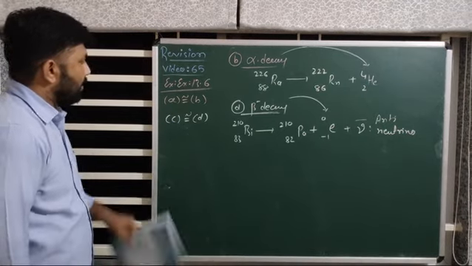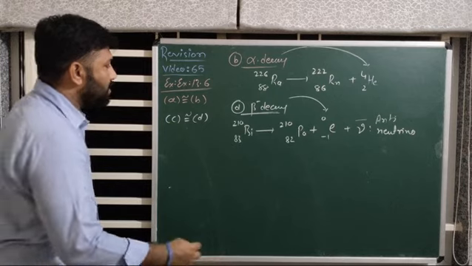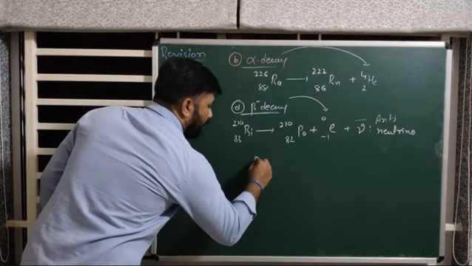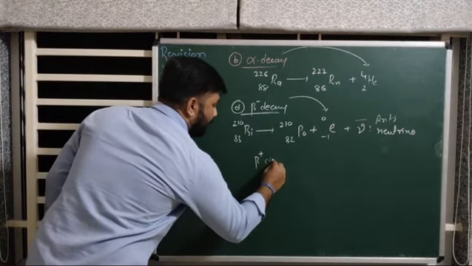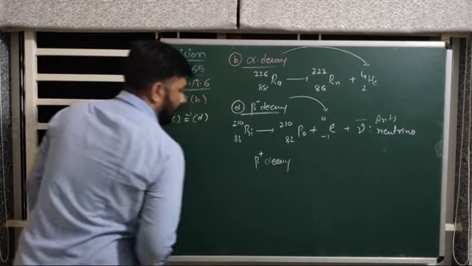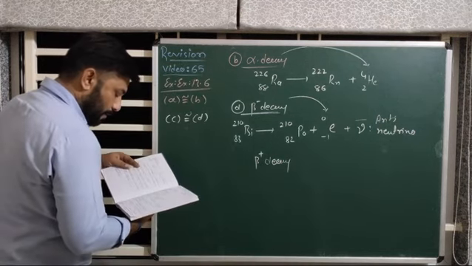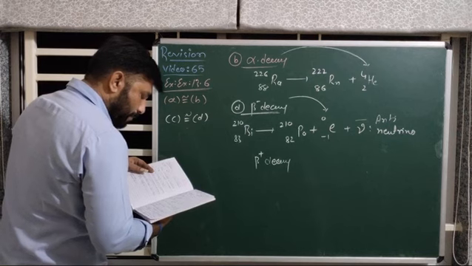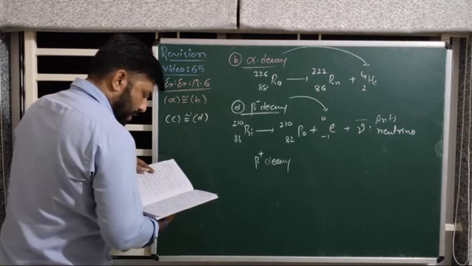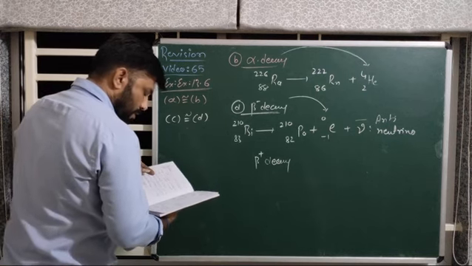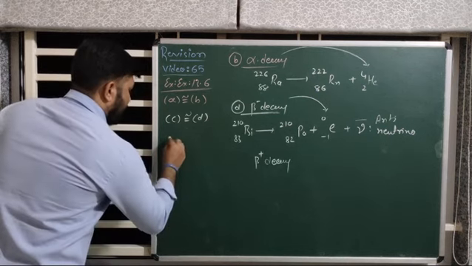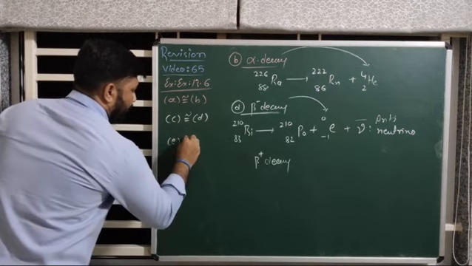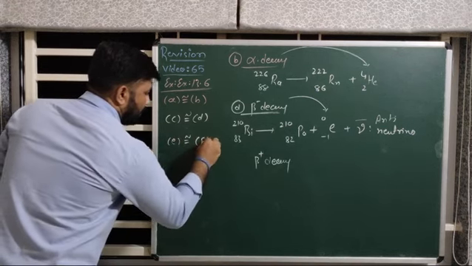B and C, they are similar. Now let us take one more example of beta plus decay. Right? So there are for beta plus E, right? E and F both are same.